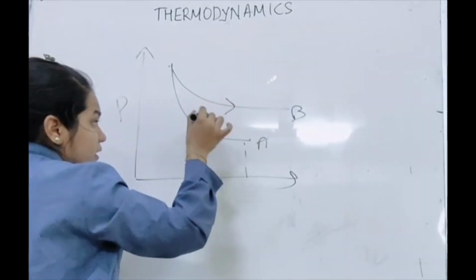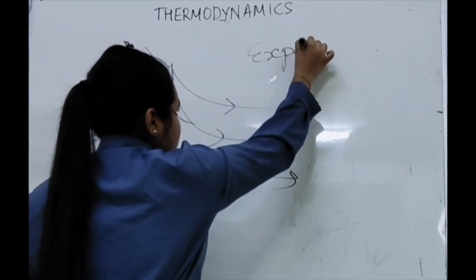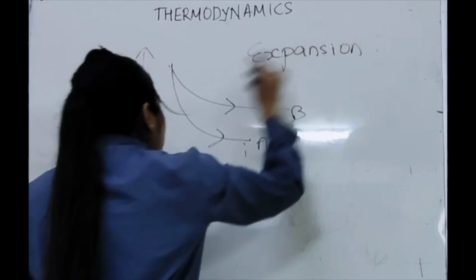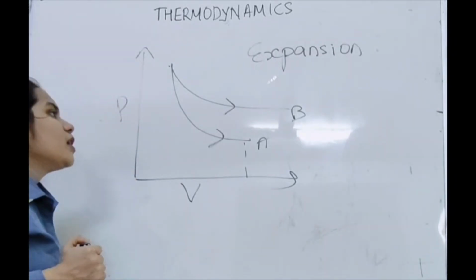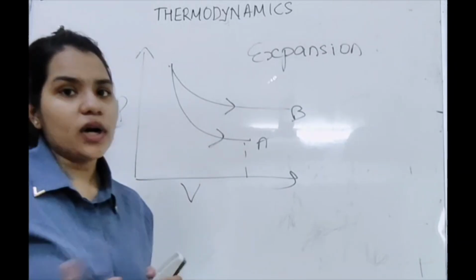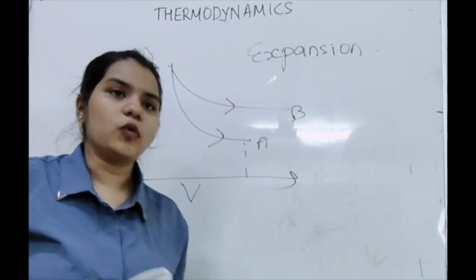See the arrow, the volume is increasing, so it's an expansion. In these two graphs, which is adiabatic and which is isothermal, and where is the work done more? Is work done more in A or in B?